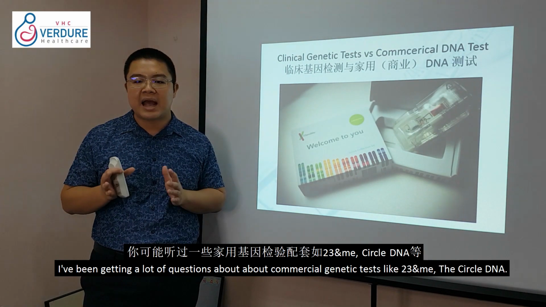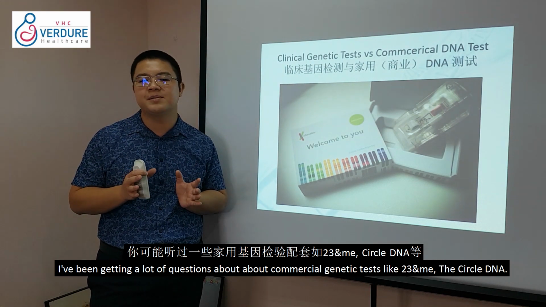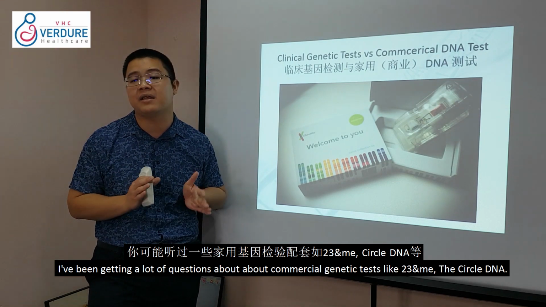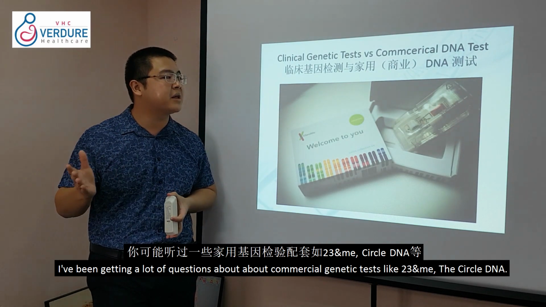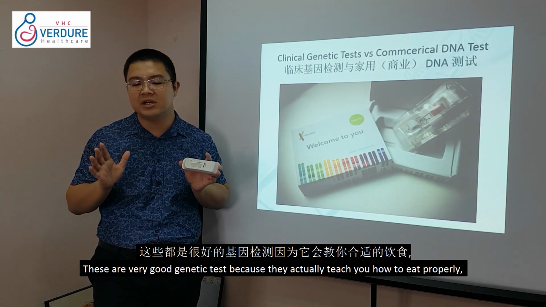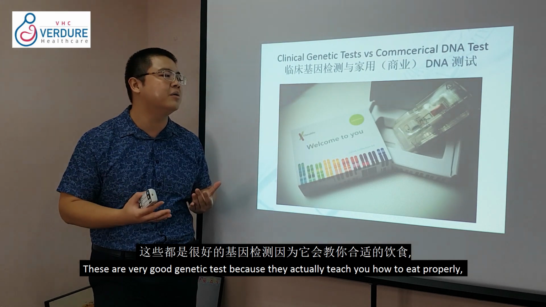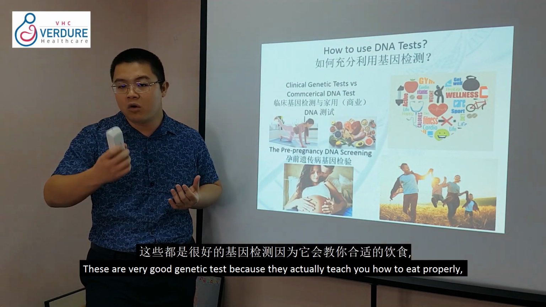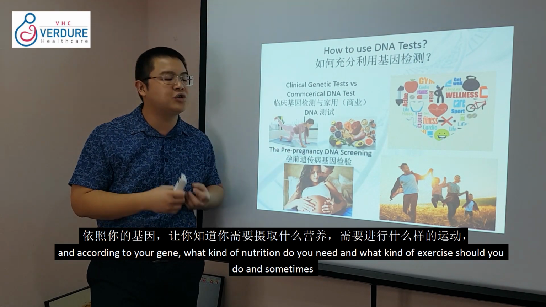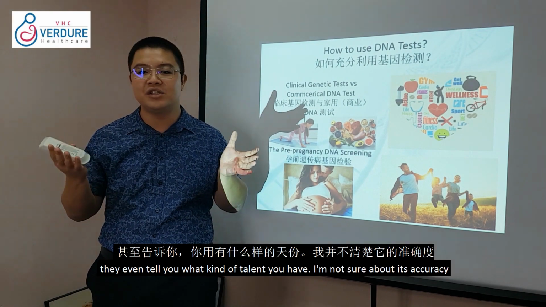Anyway, you might be asking, okay, Adam, I have seen a lot of YouTube advertisements for Circle DNA or sometimes 23andMe, that's another company. They are offering something called the commercial DNA test. Well, I have to say these genetic tests are very good because they teach you how to eat properly according to your genes, what kind of nutrition you need, what kind of exercise you should do, and sometimes they even tell you what kind of talents you have.